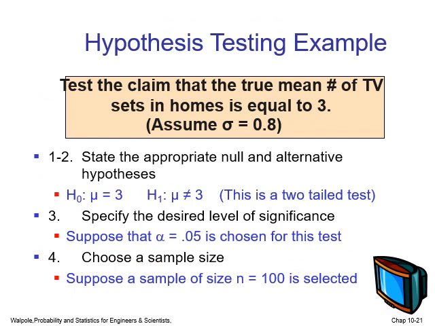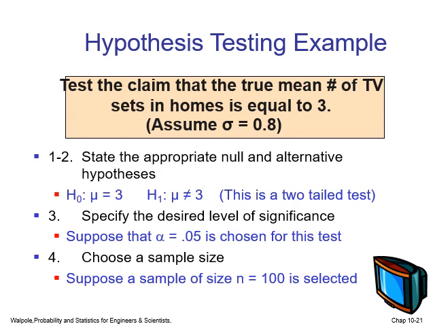So here we have an example. First, we need to test the claim that the true mean of TV sets in homes is equal to 3, where we assume the variance equals 0.8. If we follow the steps, we need to state the appropriate null and alternative hypotheses.